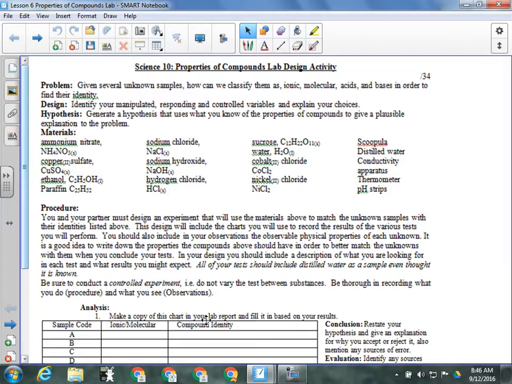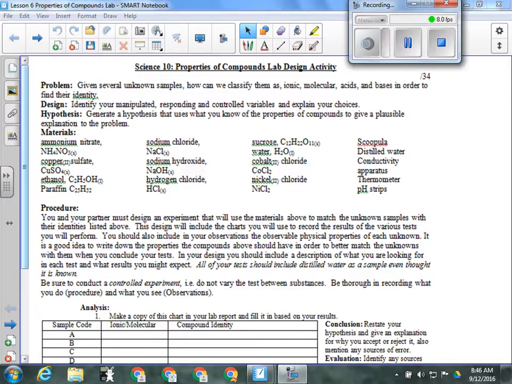Now, a note for sample C. It is already dissolved in water. Sample C has already been dissolved in water.